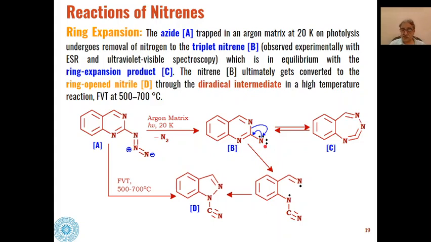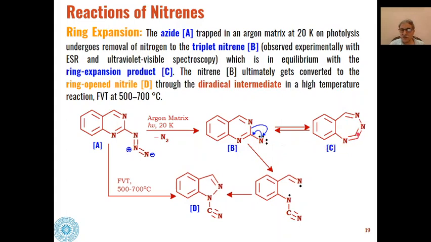This nitrene can then undergo ring expansion: the carbon nitrogen bond breaks, the 6-membered ring becomes a 7-membered ring, and one lone pair of electrons will form a carbon nitrogen double bond like this.